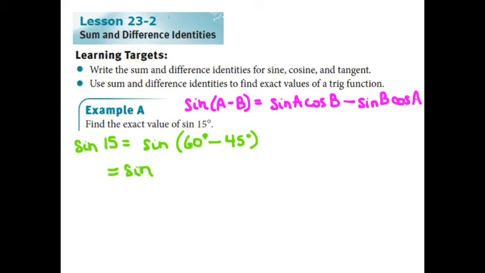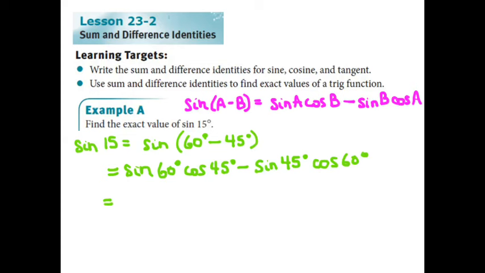So this is going to be equal to sine of 60 degrees times cosine of 45 degrees minus sine of 45 degrees times cosine of 60 degrees. Okay, so we've used our identity. The next step is going to be to plug in values from the unit circle.